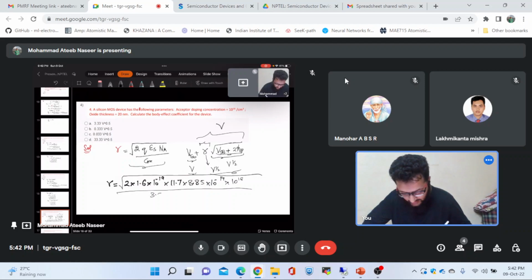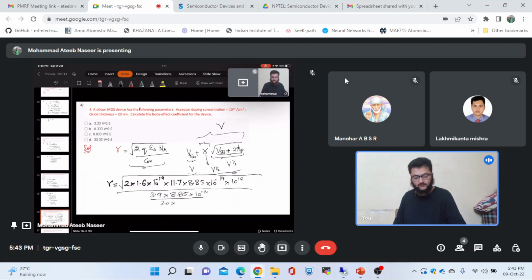This is 3.9 into 8.85 into 10 to the power of minus 14, and we have to divide this by T ox, which is 20 nanometer. It is 20 into 10 to the power of minus 9, but we are dealing in centimeters, so I have to convert this meter into centimeter. So it becomes 10 to the power of minus 7 centimeter.